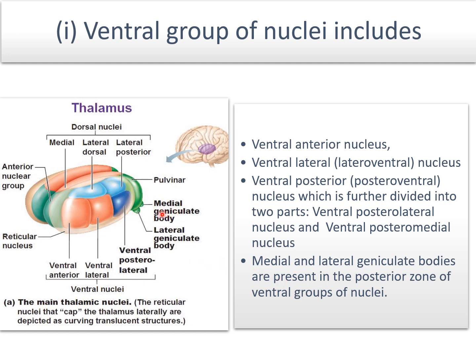The medial and lateral geniculate bodies are present in the posterior zone of the ventral group of nuclei.